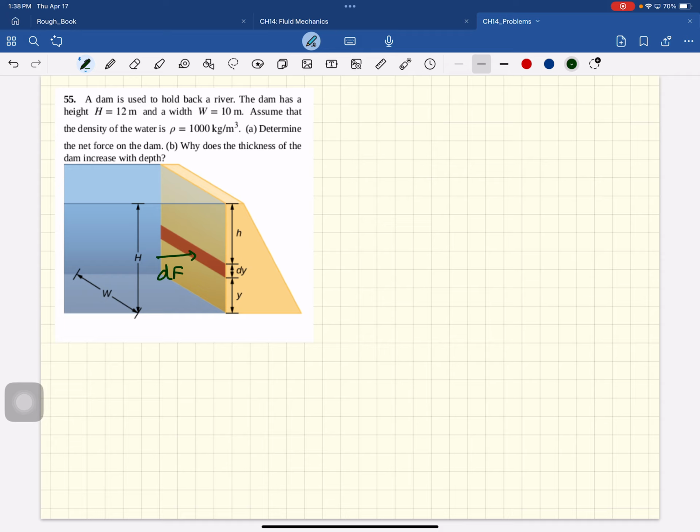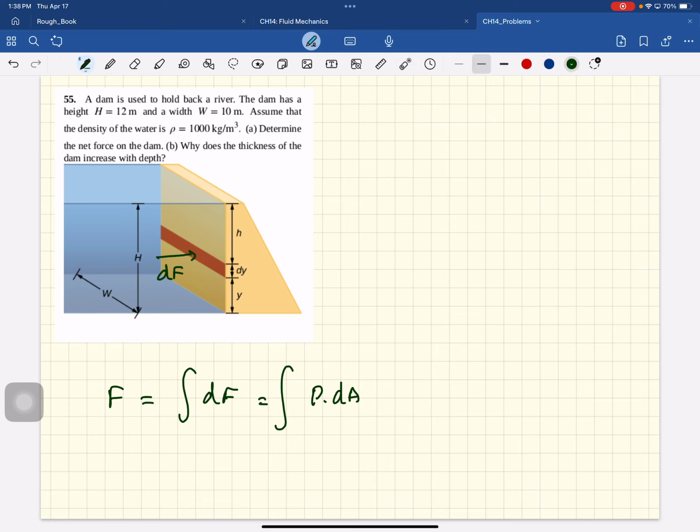And then the net force will be the sum of all those little forces. What is that little force? That little force is the pressure at that depth times the area of this strip. That's the area of that strip.